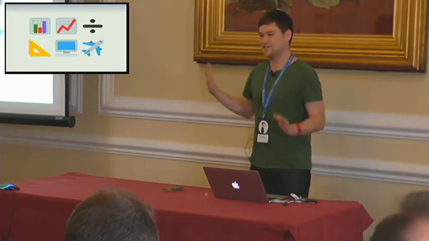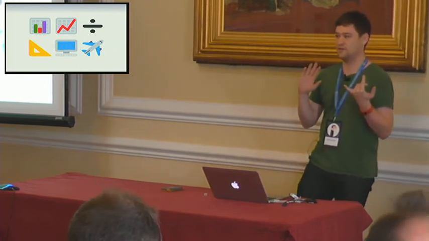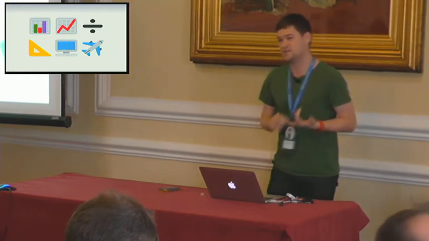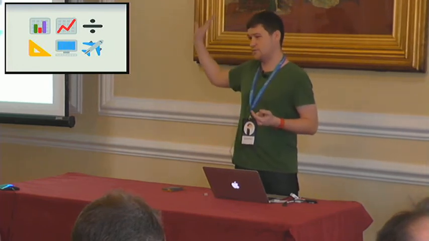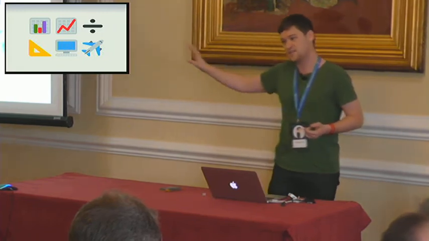So this is my slide to try and describe what I think of operational research. So operational research, or OR, as I'll call it from now on, a lot of mathematical techniques involve data analysis and statistics.